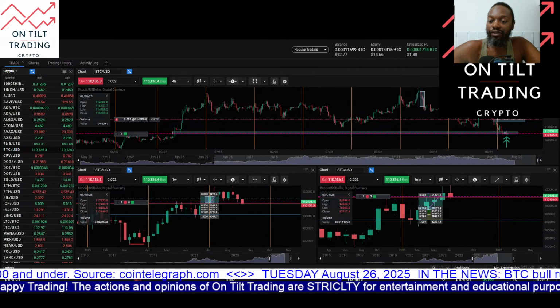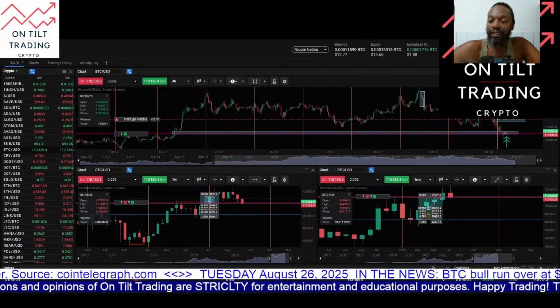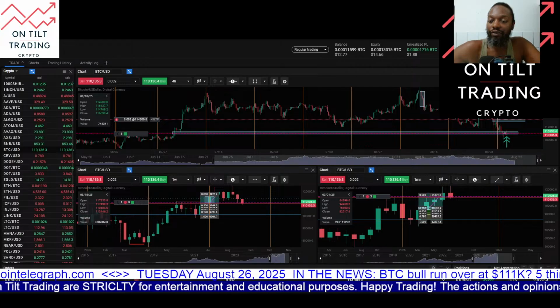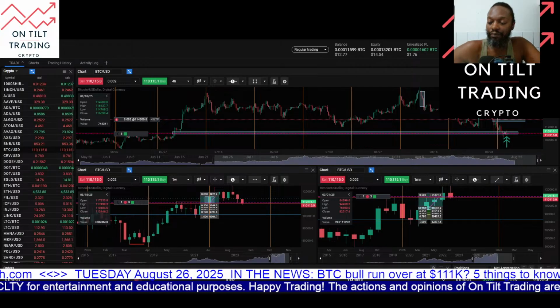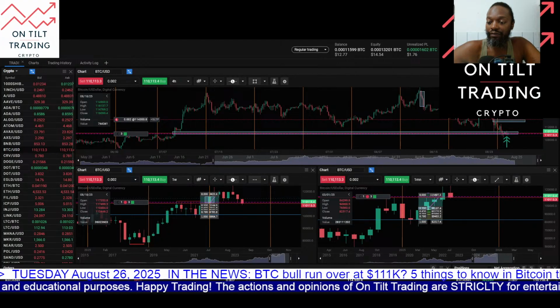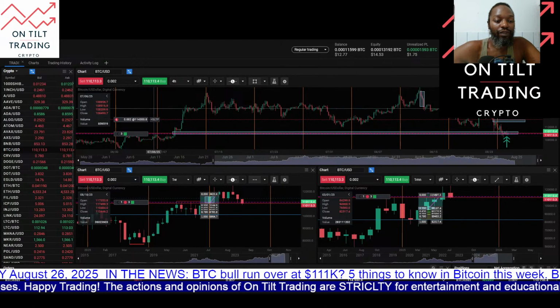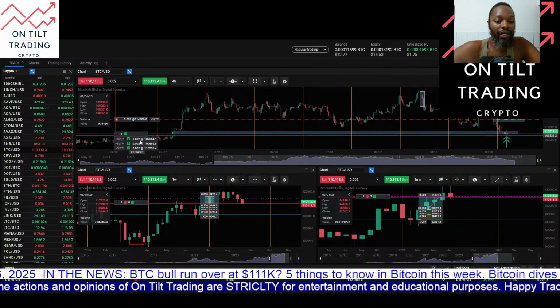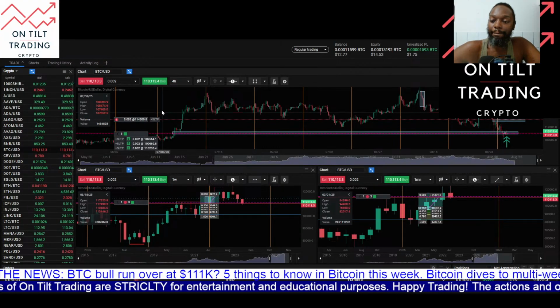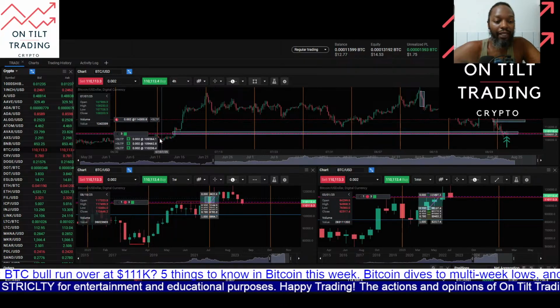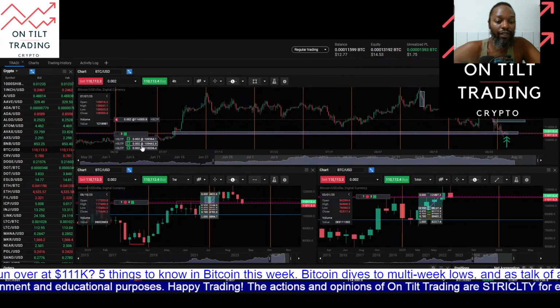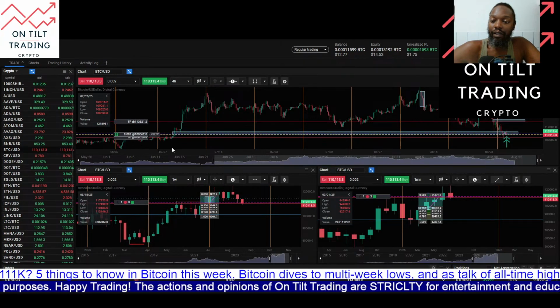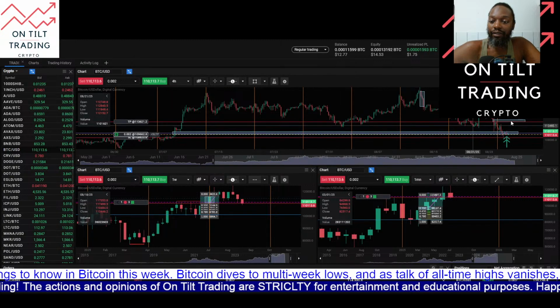And I took my entries here and targeting this fair value gap, targeting the lower end of that fair value gap, with this limit entry being here at the rebalance of that fair value gap. But this will give you an idea here.